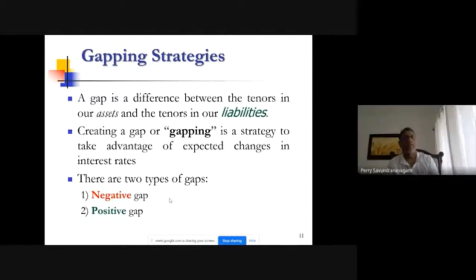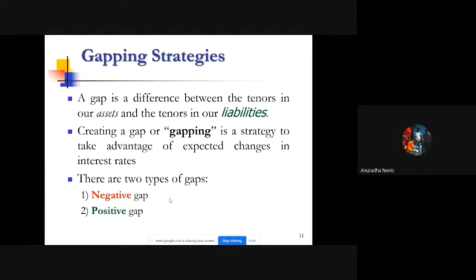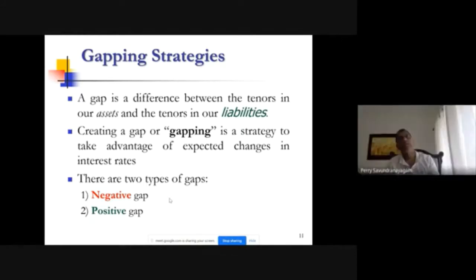So, like this gentleman mentioned, the gap is where the bank will create assets, basically loans, and the bank will create liabilities, but the maturities of those assets and liabilities won't be equal.